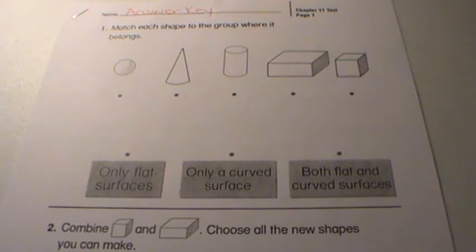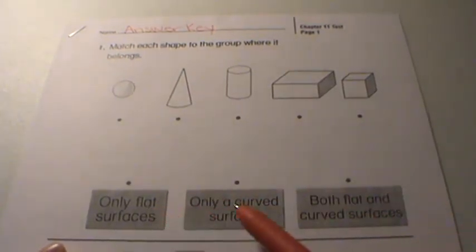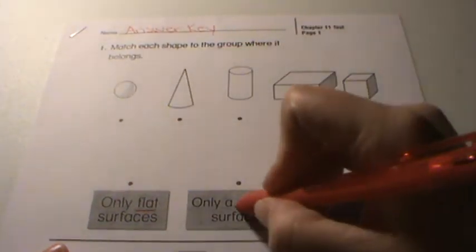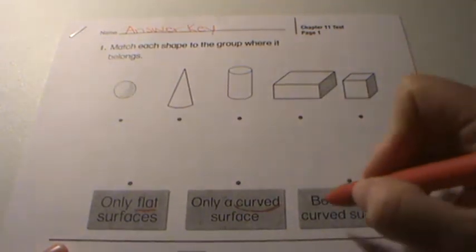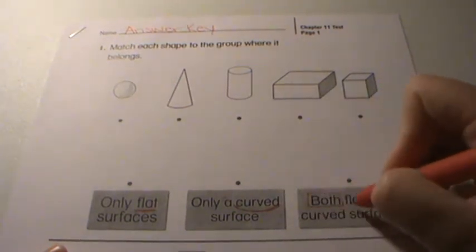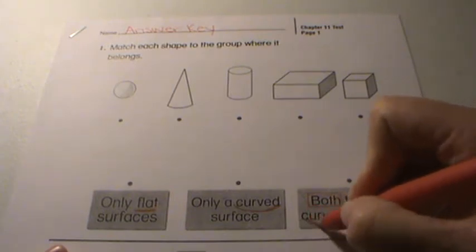need some extra practice. So, number one, just like yesterday with our review practice test, we are matching each shape to the description of that shape. So it either has only flat surfaces, only curved surfaces, or it has both flat and curved surfaces.